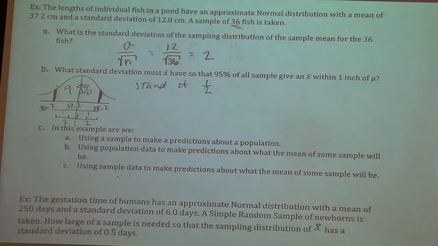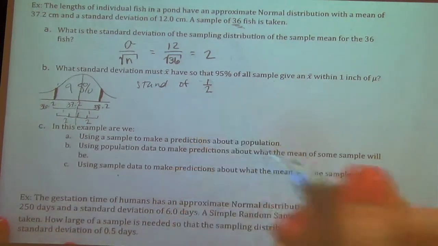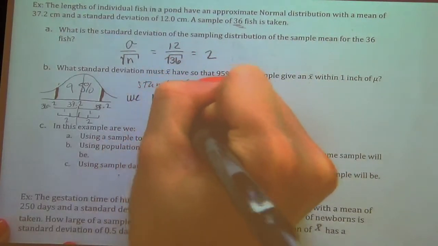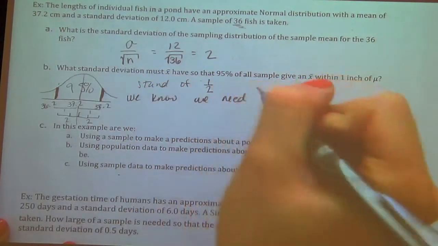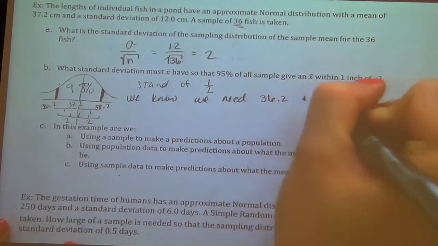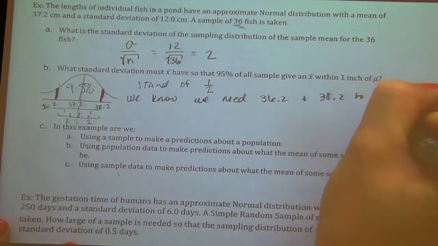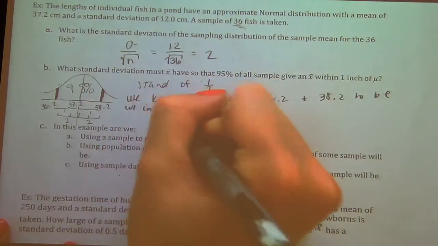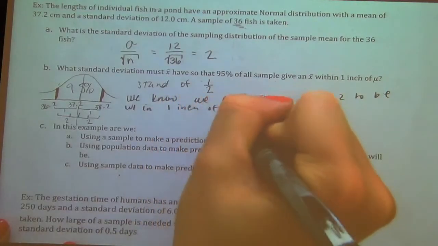Okay, so let's see if I write that out a little bit. Pencil that. Here we go. Okay, so we know we need 36.2 and 38.2 to be within 1 inch of the mean.